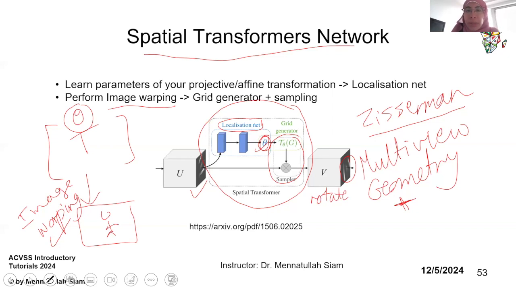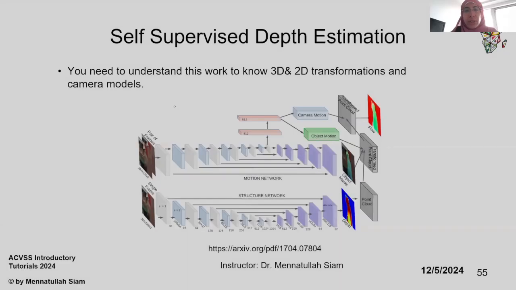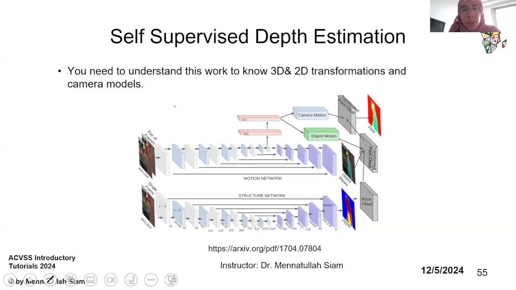So all of this is me trying to hopefully motivate you into seeing why these are important concepts to go through. There is also this approach, and I think this is ACVSS, if I'm not mistaken. There are a couple. So actually, it's not just one paper.